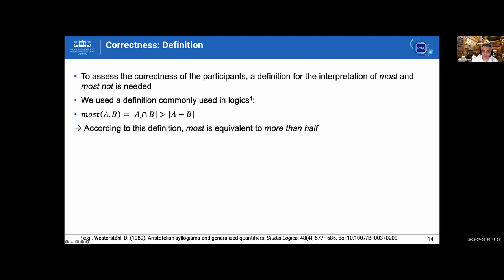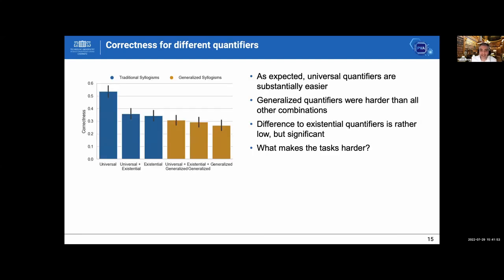So the number of elements in the intersection of A and B is greater than the number of elements in A without those in B. If we follow this, then we can see how we can evaluate this.